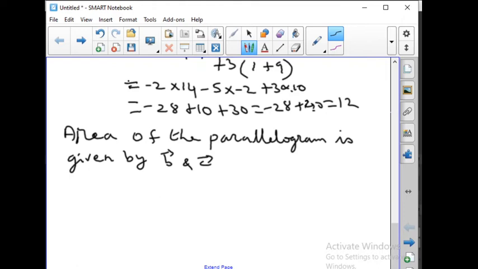So the area of the parallelogram is given by B vector and C vector. So it is equal to the modulus of B vector cross C vector.